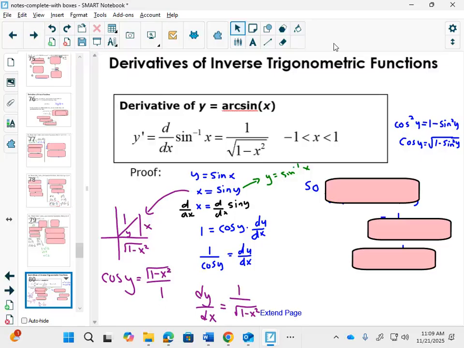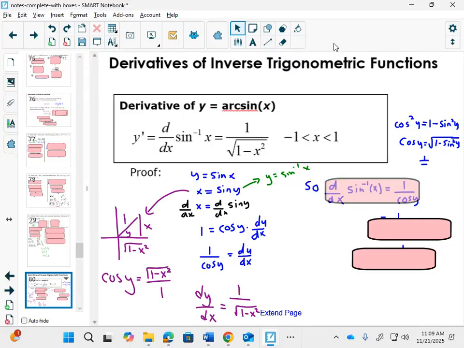Okay? I could also use algebra. And algebra would say, you know that cos squared of y is 1 minus sine squared of y. So cos of y, if you square rooted, technically would be a plus or minus there. But because of the restrictions on the domain, and because of inverse stuff, it is only the positive part.